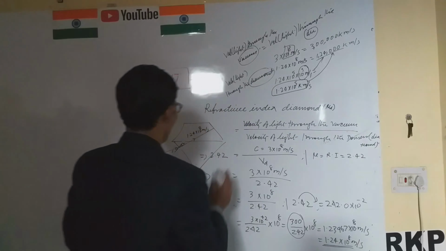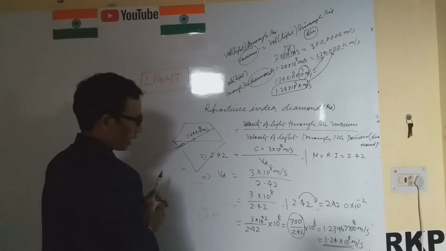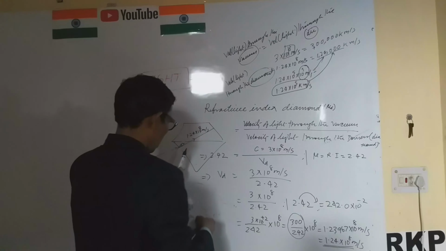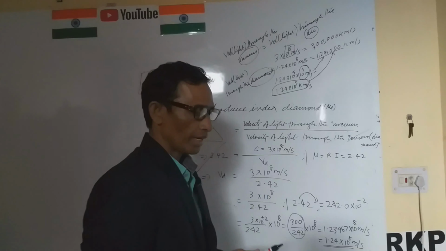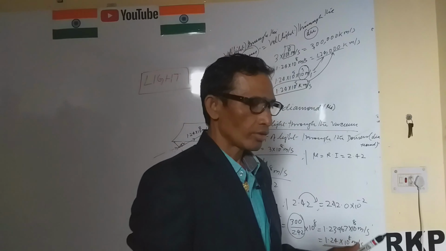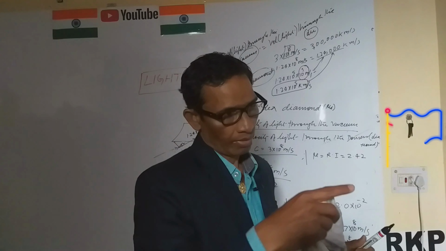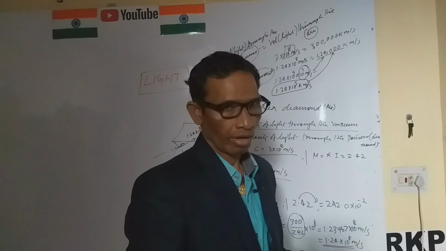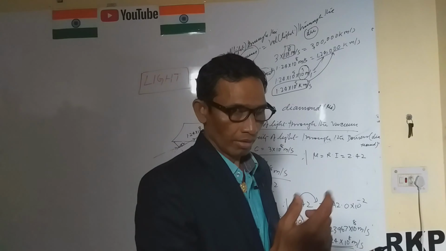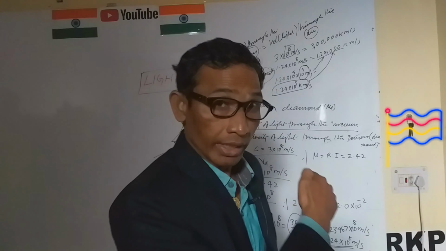So, what is the actual phenomenon when the light travels from rarer to denser medium? Then the light bends toward the normal. So let's go through it in detail.